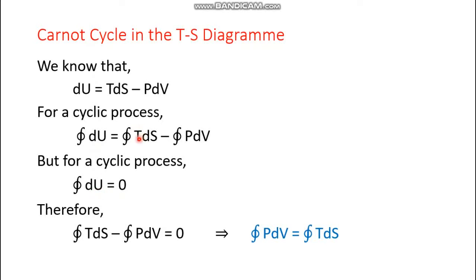Conversely, the cyclic integration of TdS minus the cyclic integration of PdV would also be equal to 0. That means the cyclic integration of PdV is equal to the cyclic integration of TdS. So here all the integrations of PdV will be substituted by integration of TdS.